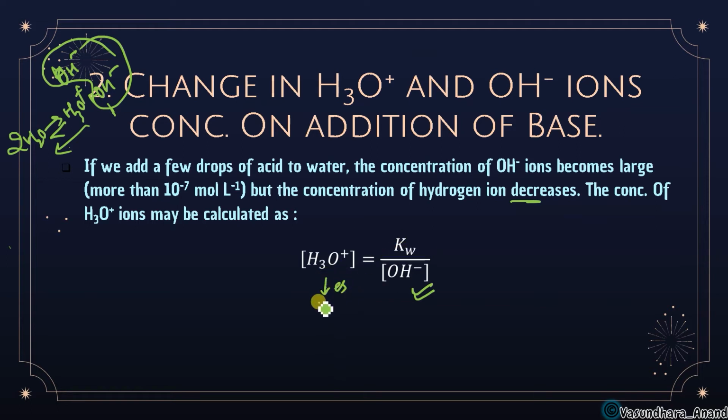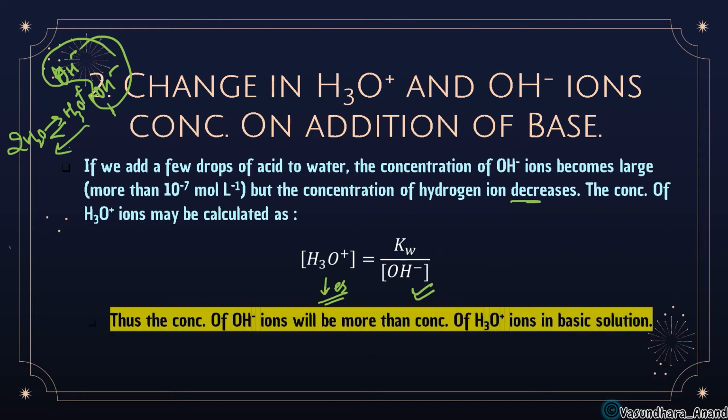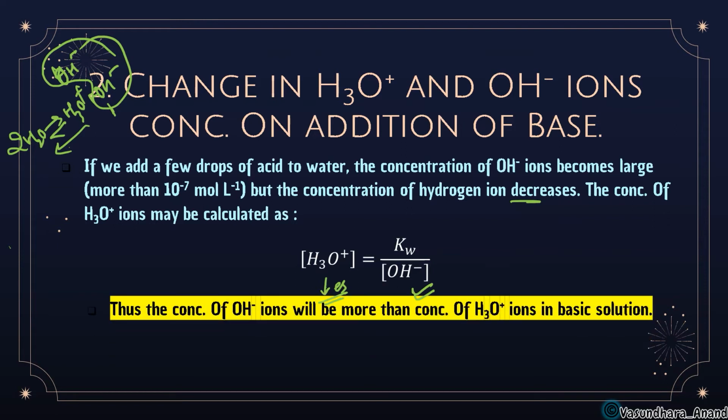So H plus ion concentration decreases, and OH minus concentration will be more. OH minus ion will be more than H3O plus. Here too we can say that H plus concentration will be less than OH minus ion.